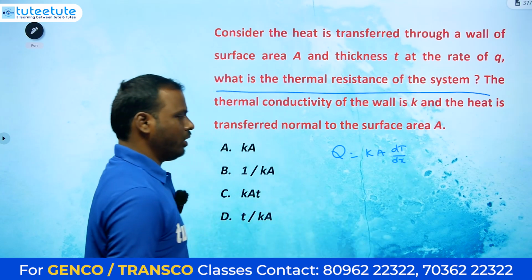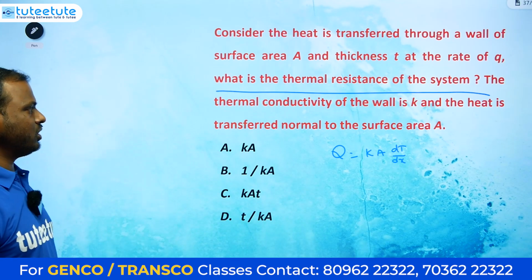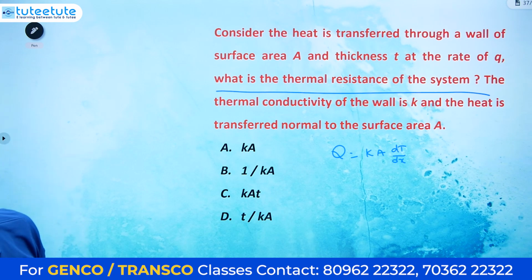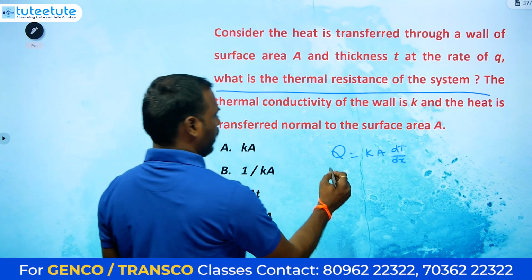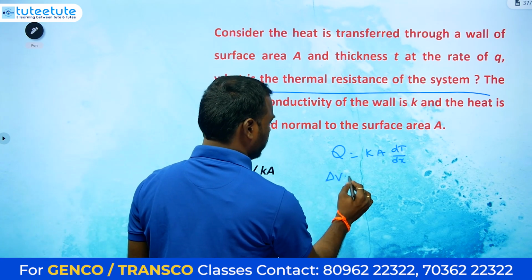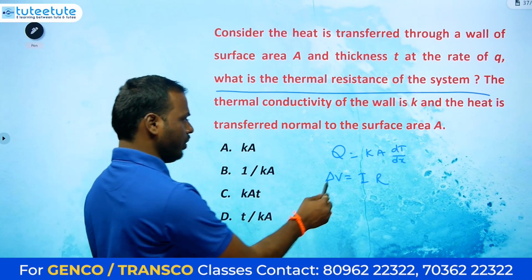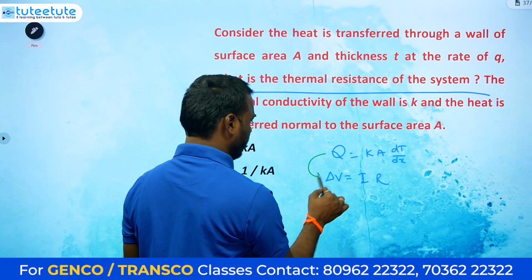And there is an electrical analogy: if you write the electrical analogy, delta V is equal to I into R.